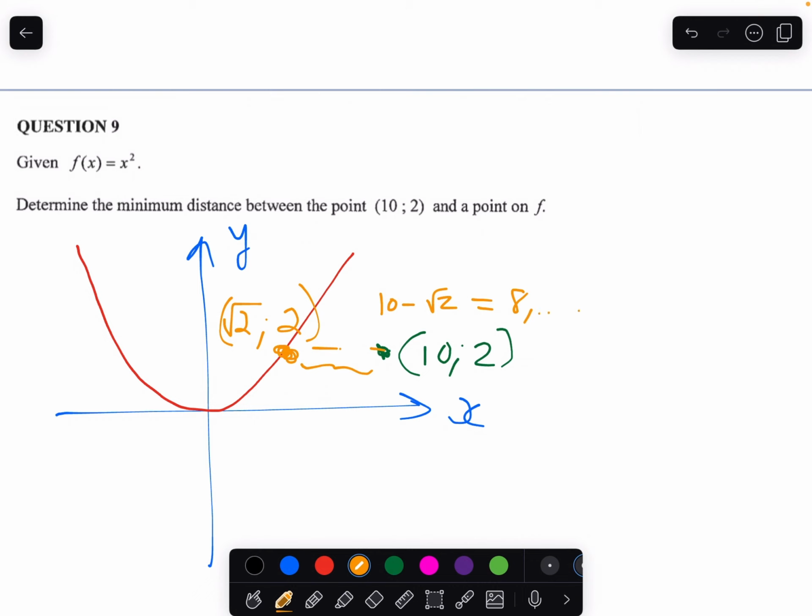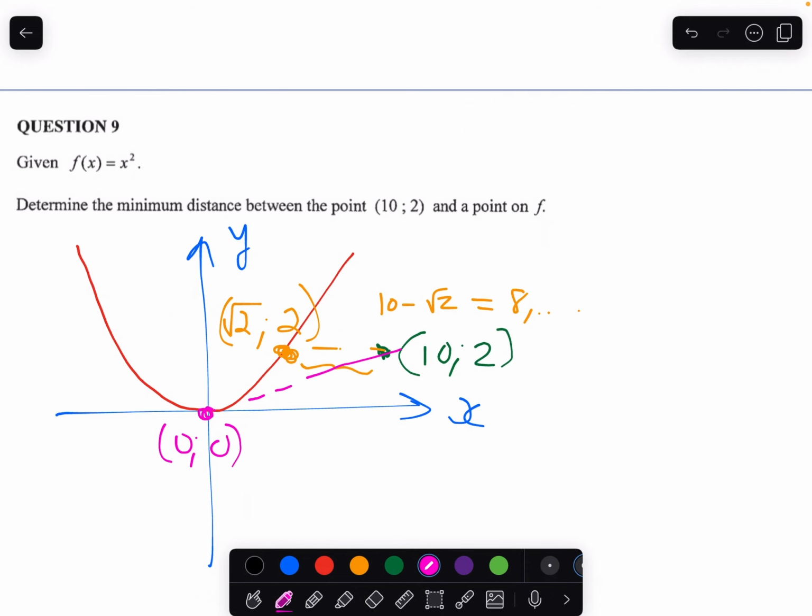Or we could look at the distance between this point 10, 2 and the origin, right? You know that that's another point on f, and for that distance we could use the distance formula.